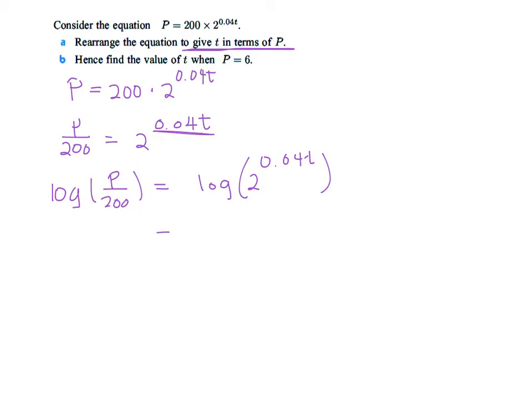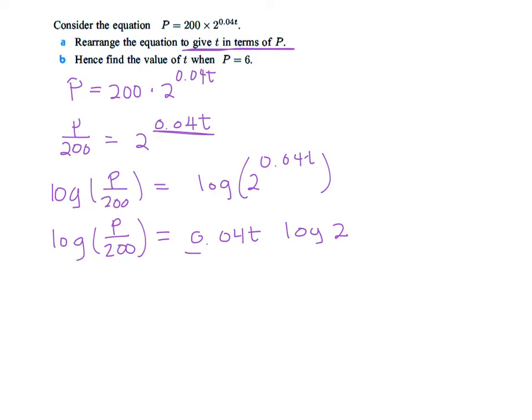Using the log rule, we can bring down 0.04t in the front. So 0.04t times log of 2, and we have log of p over 200.